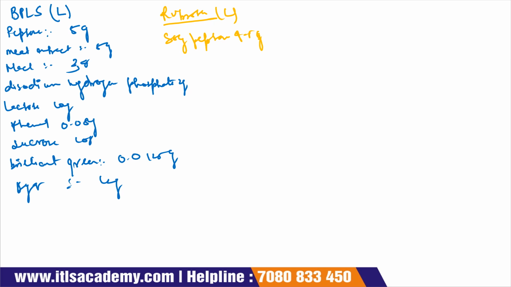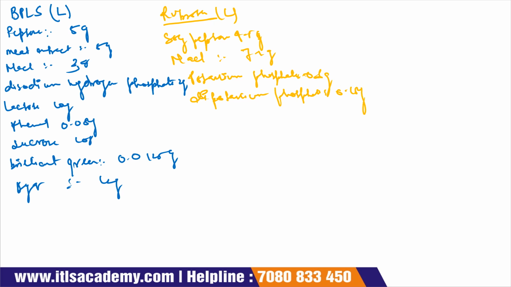Soy peptone 4.5 gram, sodium chloride around 7.2 gram, potassium phosphate around 0.6 gram, dipotassium phosphate around 0.18 gram, magnesium chloride around 13.58 gram, then malachite green around 0.036 gram.